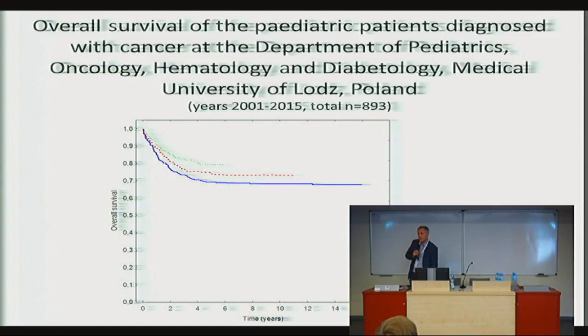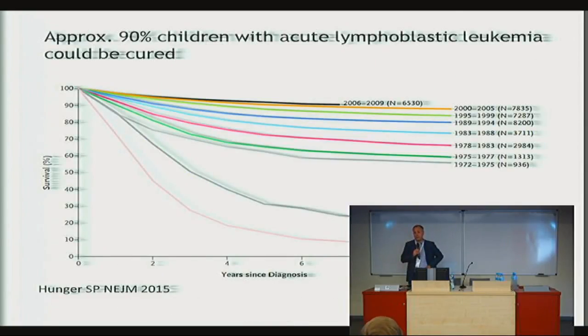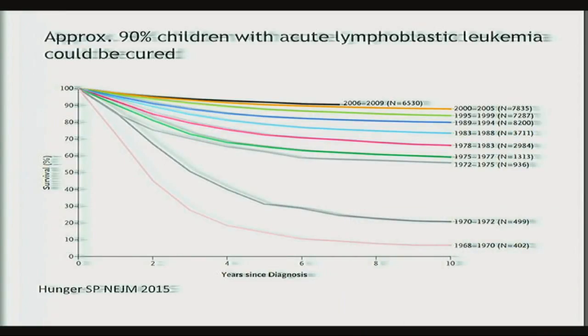If we look specifically at acute lymphoblastic leukemia, most trials now finish at a level of about 90 to 95% of patients cured. So acute lymphoblastic leukemia is an almost curable disease among pediatric patients.